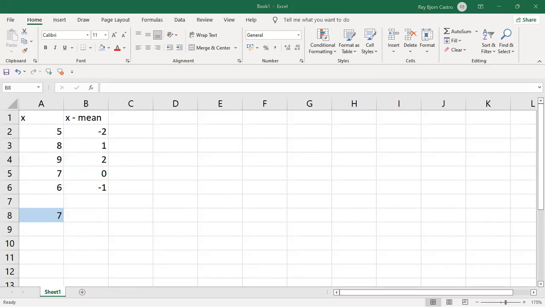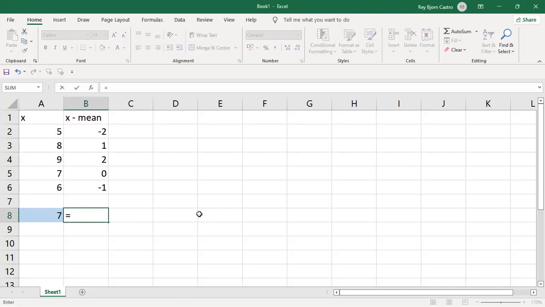So, it should be 0. So, if we add everything here, auto sum. Yan. So, it should be 0.